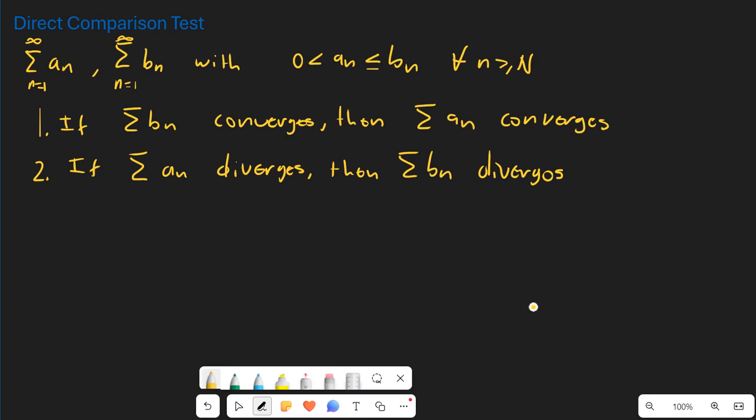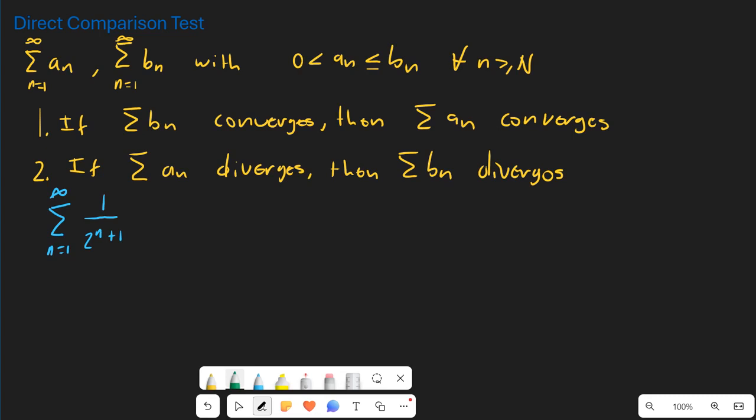So let's say, for instance, that we take a series from n equals 1 to infinity, and suppose that this is going to be 1 divided by 2 to the n, but it's going to be plus 1 in the denominator. In either case, we are trying to show something about this sequence: either it converges or it diverges.